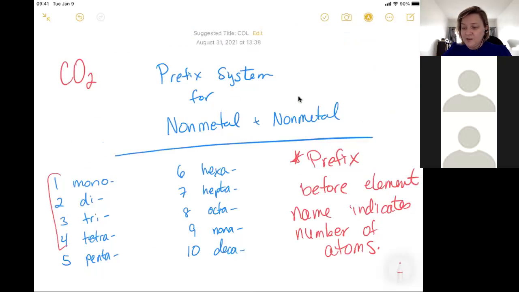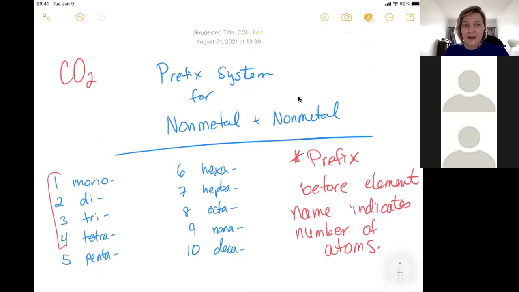So if the first element has only one atom, you just use the name of that element, and then you use the prefix, so that's carbon, and then the prefix for oxygen for 2, which is di, and then the name adds an ide, even though it's not an ion, it's not a charge, but it's dioxide. So again, everything ends with IDE, but it has nothing to do with charge.